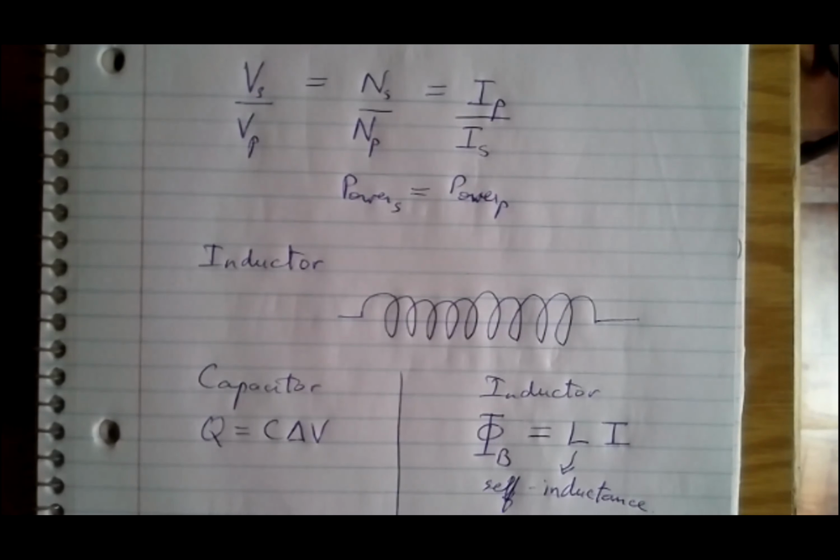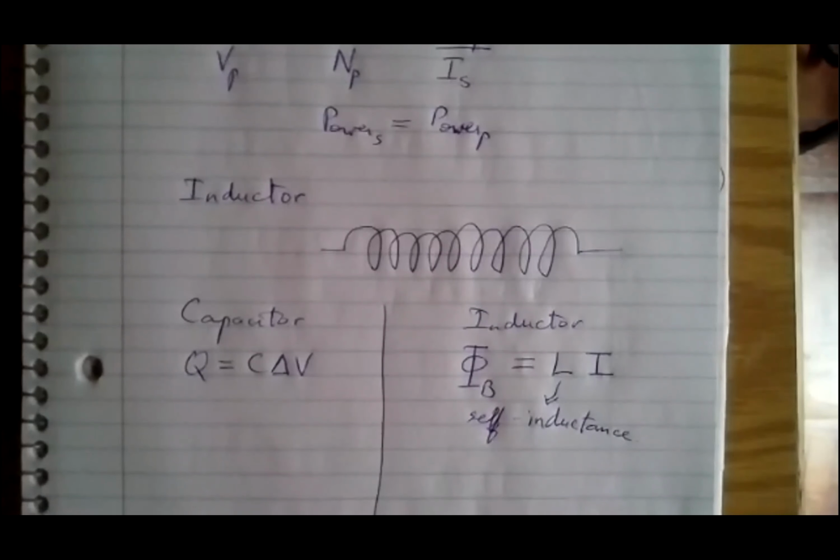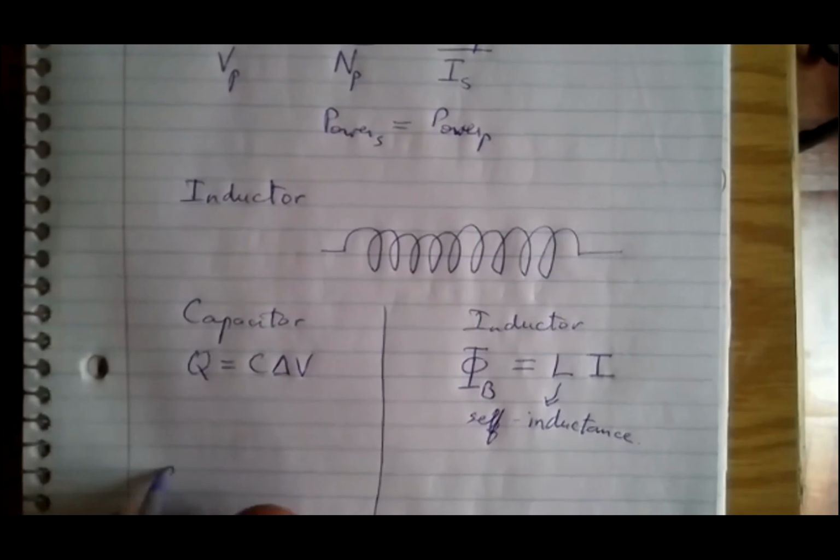Just like we looked at RC circuits, we're going to look at RL circuits. But first, just a few general things about the inductor. Let's try and get an expression for this self-inductance. For a capacitor, we had capacitance.